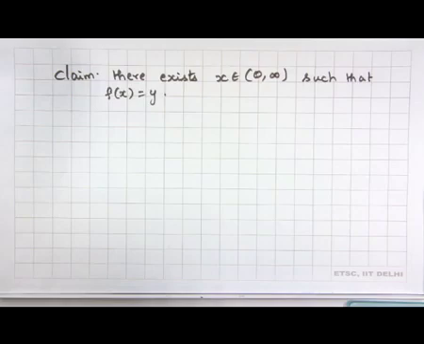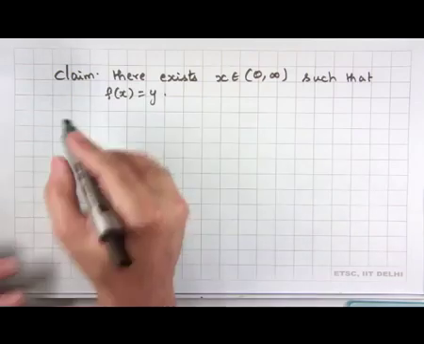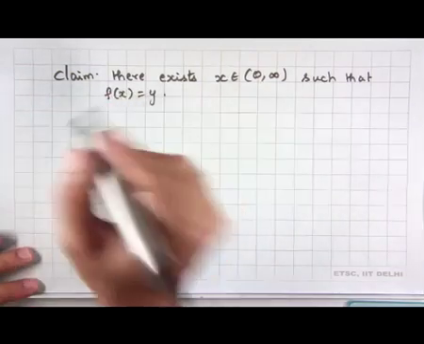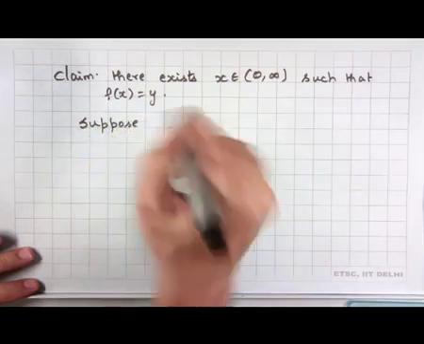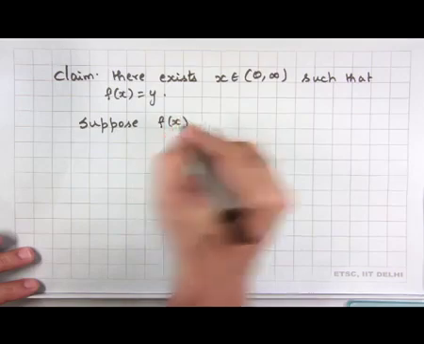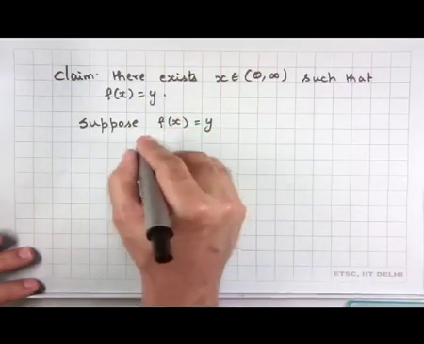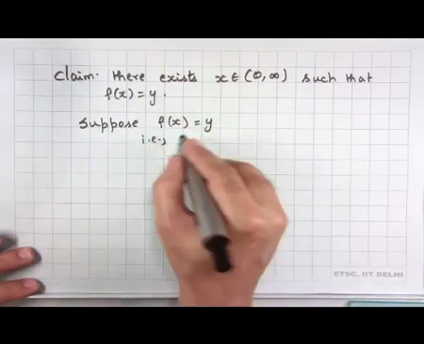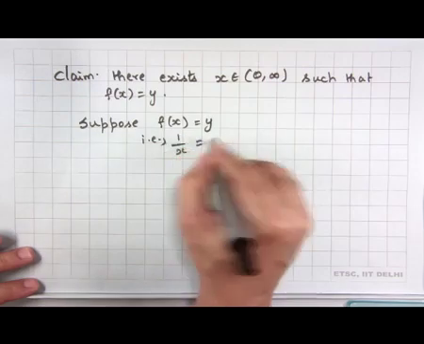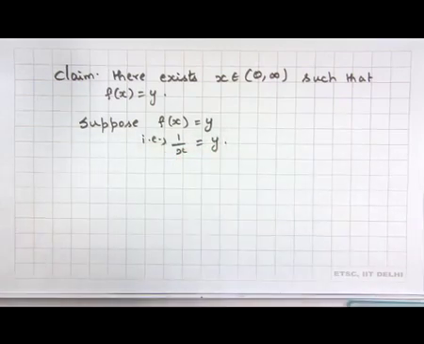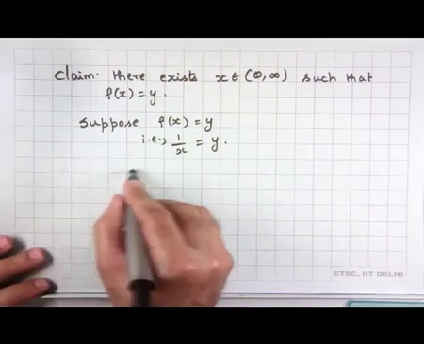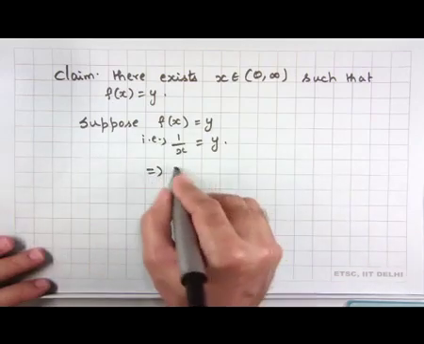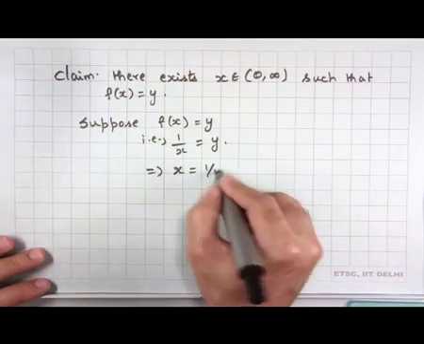Now, how to produce this x? Now, suppose f x equal to y, what does that mean? 1 by x is going to be my y, but what we are given is this y. So, that will immediately imply that x equal to 1 by y.